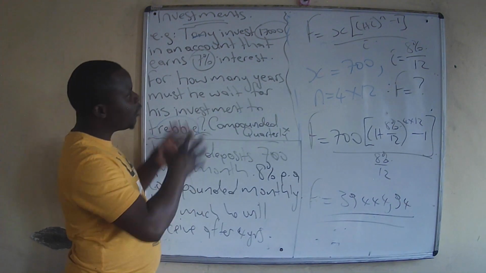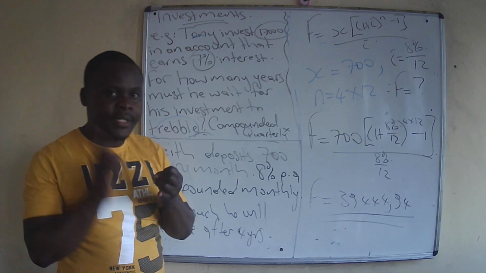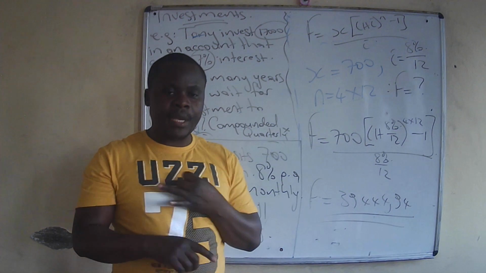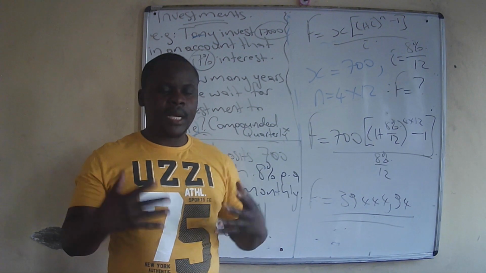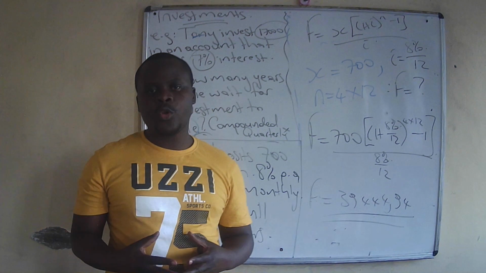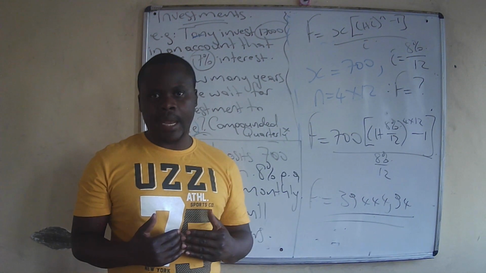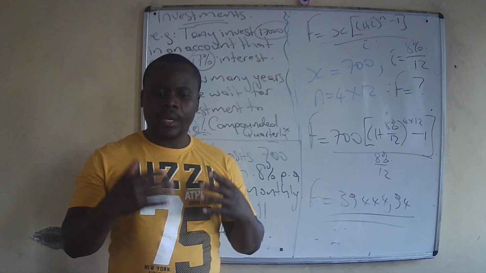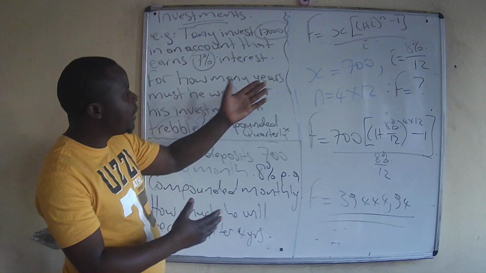Any of these can be asked, but what's important in finance is being able to identify the formula, analyze the information, and collect the data. Just make it a habit that before you make any calculation, you analyze the formula, get the formula right, analyze the data, get your data, and put your data properly. When you put your data, you substitute in the formula, and you get what you need.